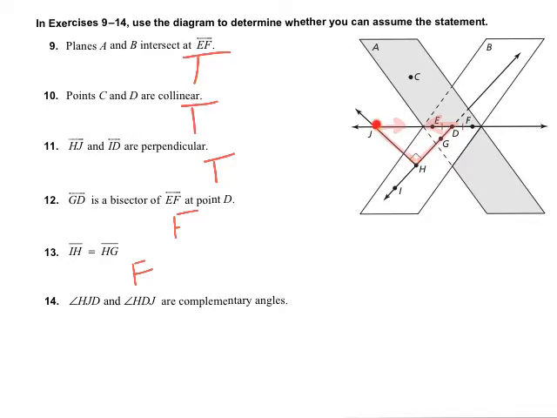Good. So this is a triangle, meaning all the angles have to add up to 180. This one we know is 90 because of the 90-degree marker. So that means this one and this one have to add up to 90, right? Which is complementary, so we know that that's true. Good. That was a tough one. Good. Okay.